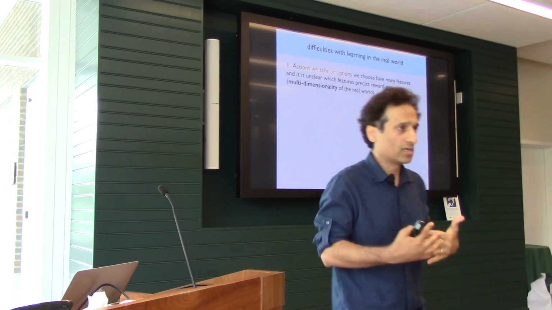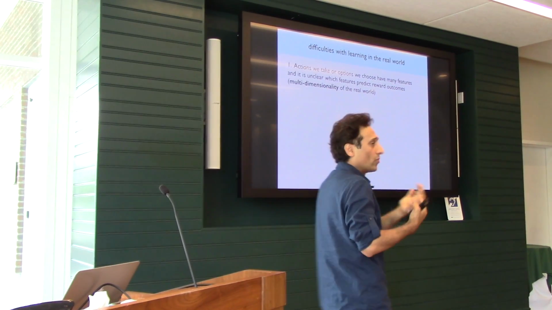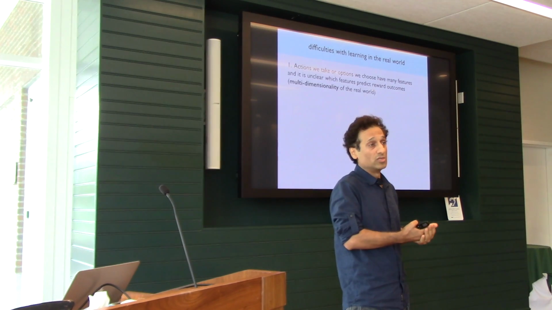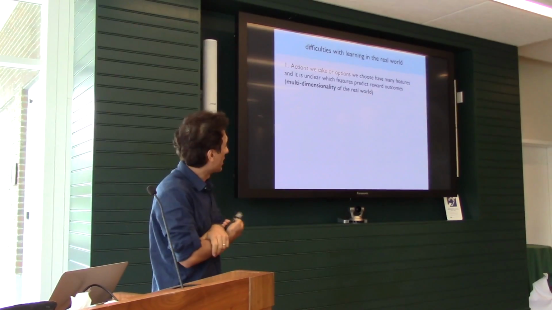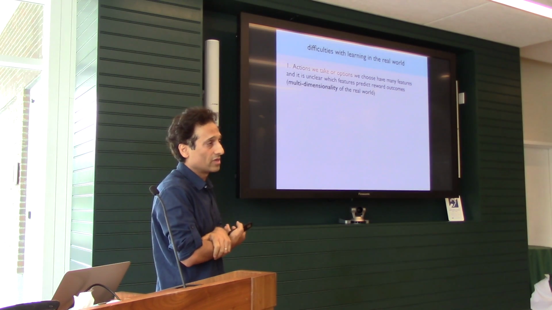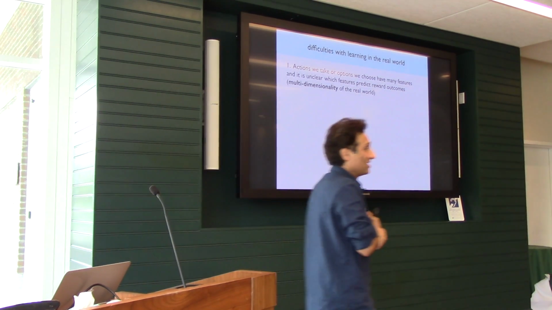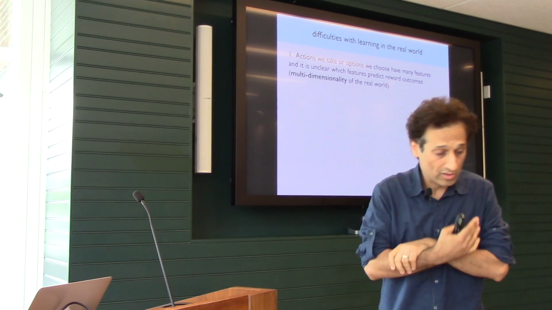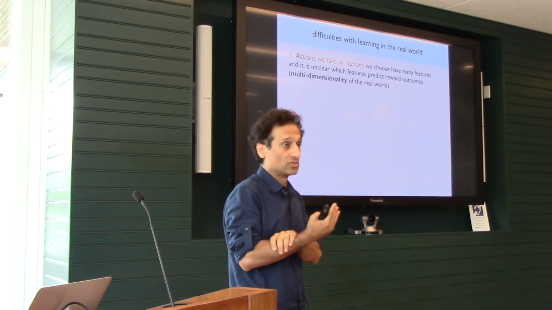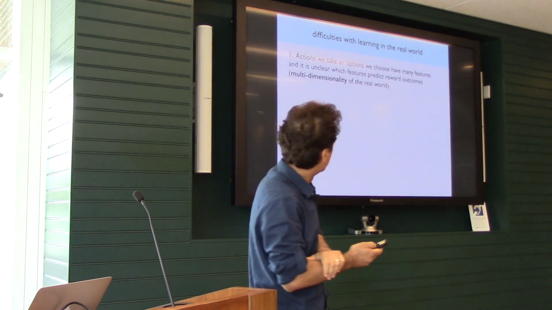You choose anything in real life and you don't know what feature of that thing is actually most rewarding or most important. So what I mean by the multidimensionality of the real world options is that each option has many features, and it's not obvious what features actually determine the reward outcome.